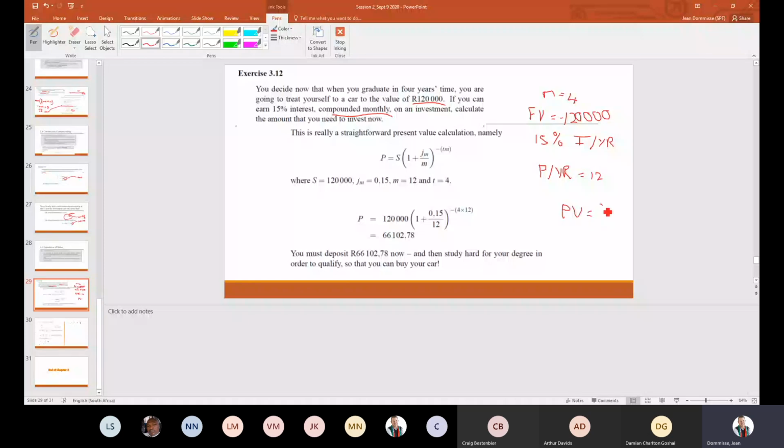And again, we can use a calculator. So I would start off with going to 12 times per year. It is 4 years, so the number of periods would be 12 times 4, which will be 48 months. Your future value would be negative 120,000. Your interest rate is 15%.